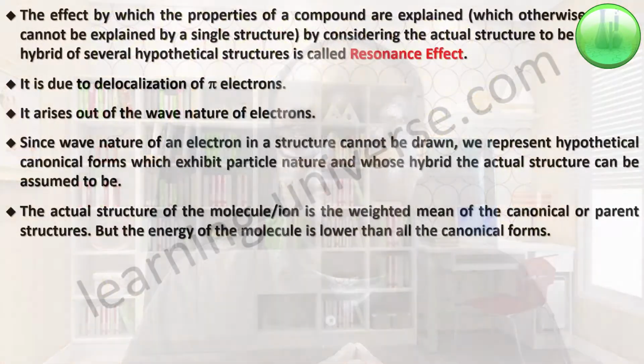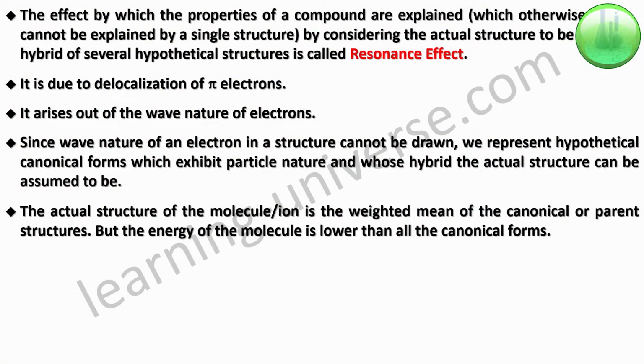So remember, the physical appearance is a weighted mean. The energy is not a weighted mean, it is lower than all of them. And the very fact that nature allows resonance to happen, allows the electron to be like a wave, is to reduce energy.